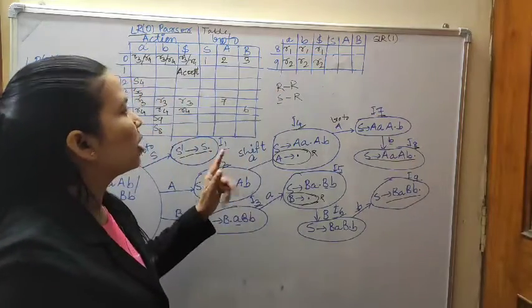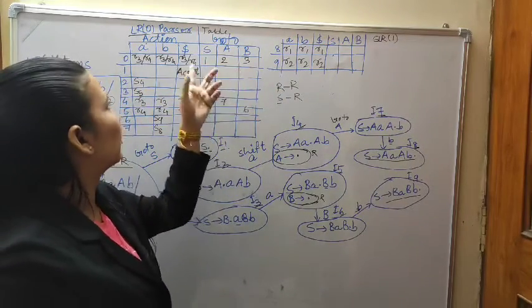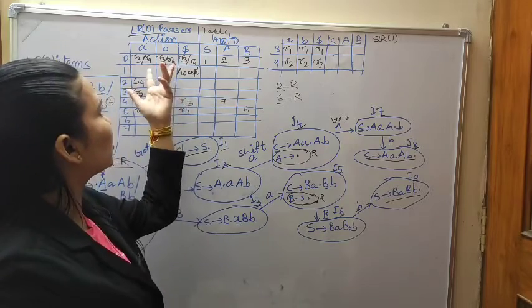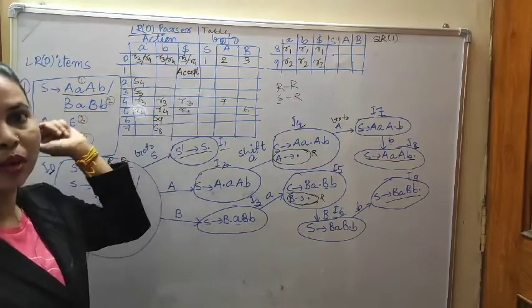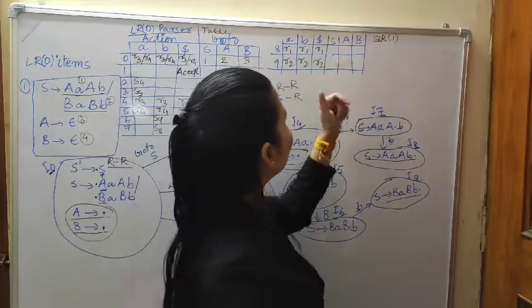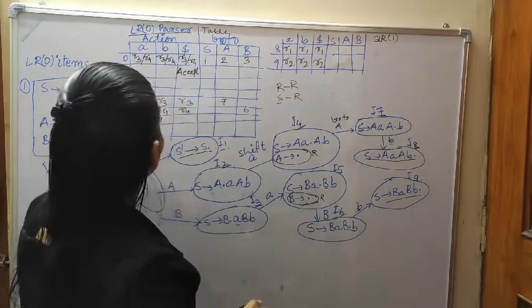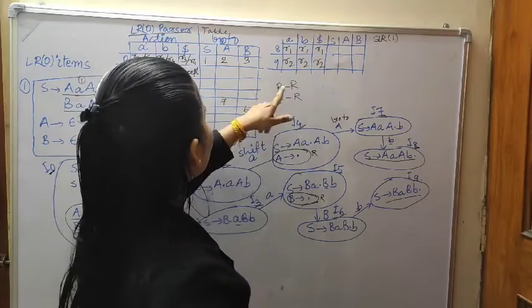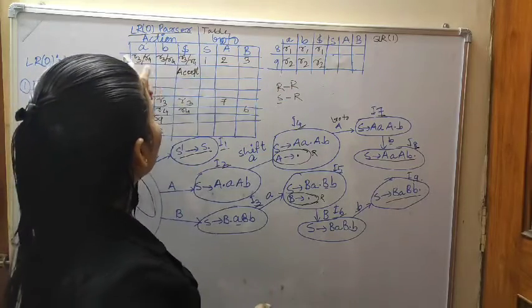And the shifting and goto part is the same. Only the difference is the reduce part. Everything is the same in the SLR table, only the reduce part will be different.